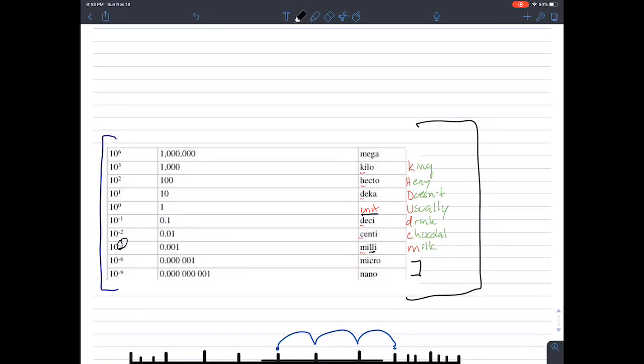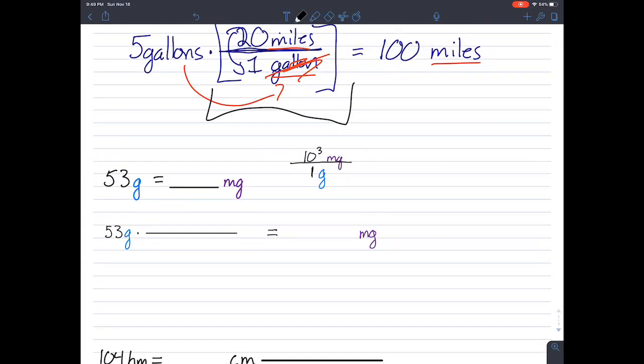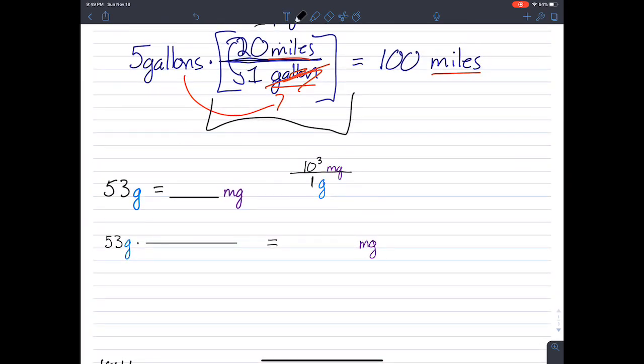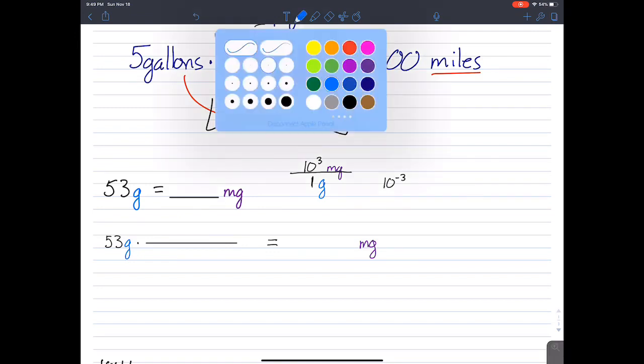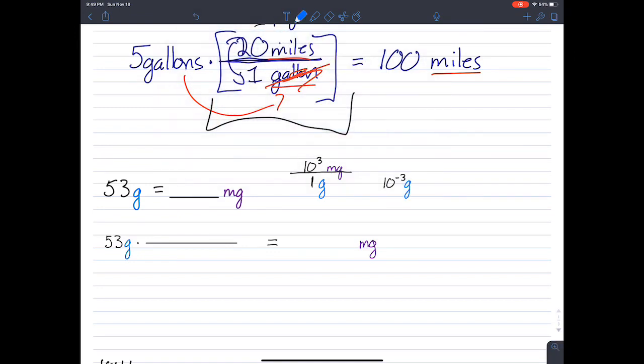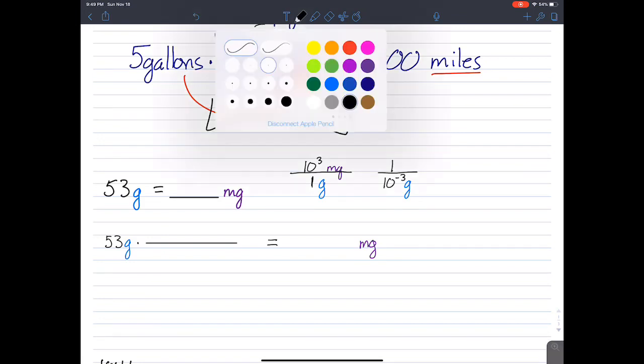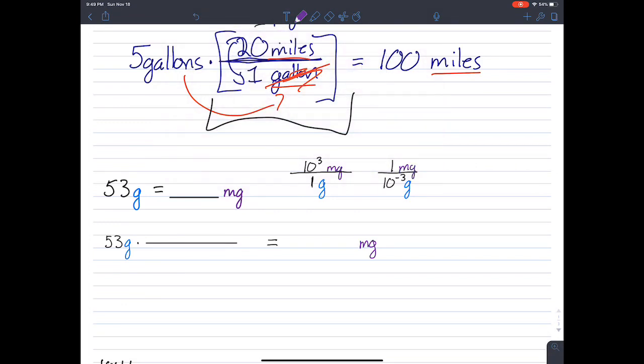There are 10 to the negative third grams per every 1 milligram.